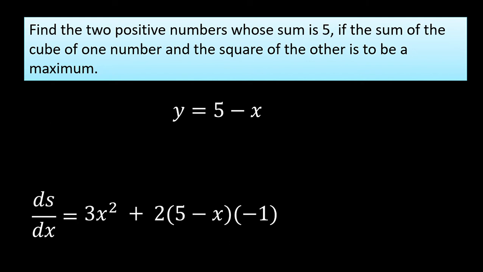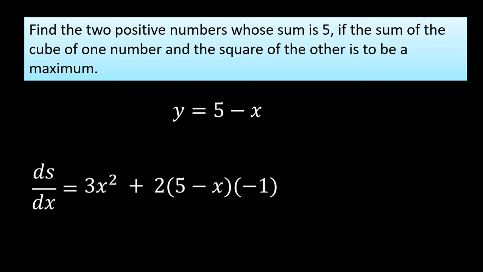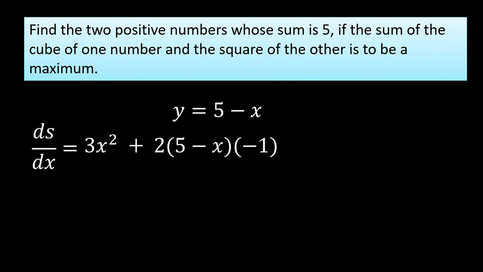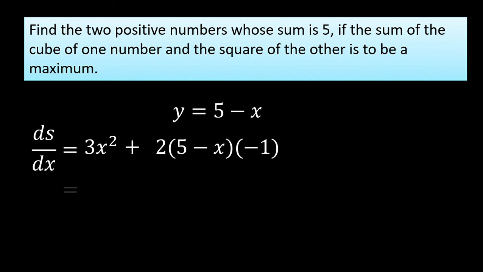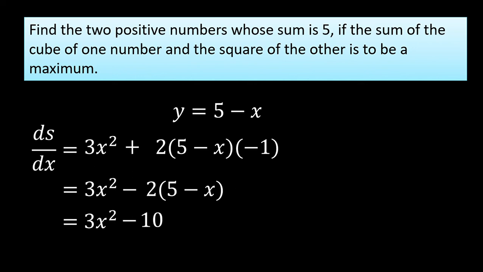By simplifying it further, this will now be 3x squared minus 2 times 5 minus x. Then 3x squared, then negative 2 times 5 is negative 10, then negative 2 times negative x is positive 2x.